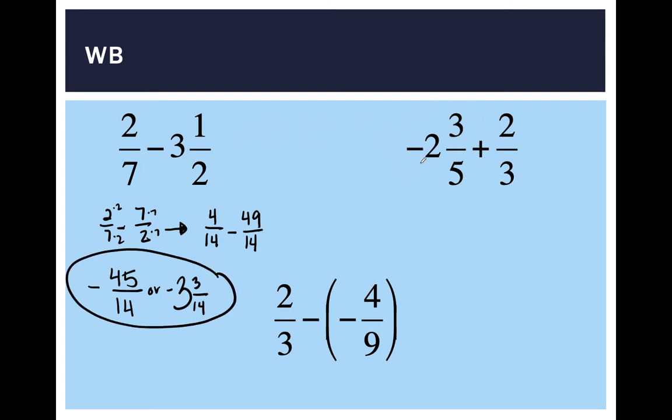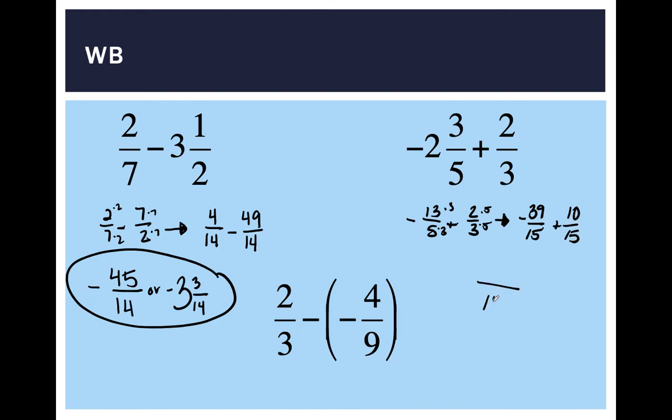Okay, jumping over here to this one, we have negative 13/5 plus 2/3. These are different signs, so we're going to end up subtracting. To find a common denominator first, we use 15. So we end up with negative 39/15 plus 10/15.